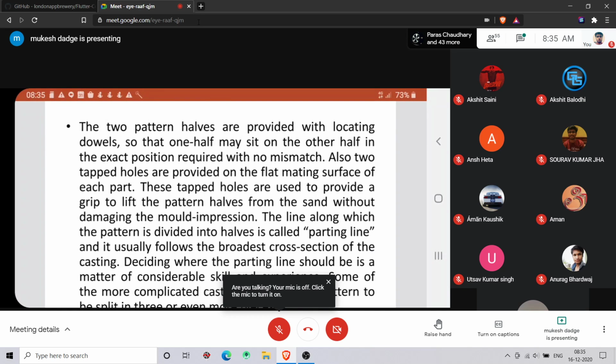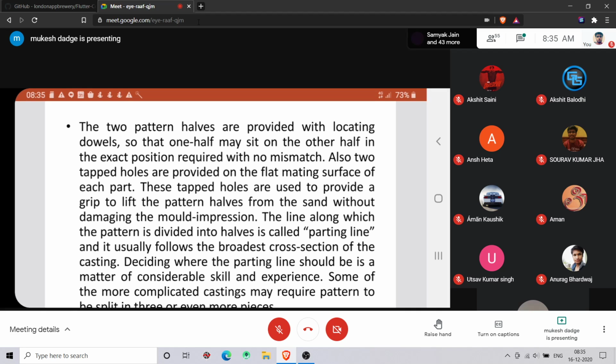So the parting line is the line which separates one piece of your pattern from another piece, and it usually follows the broad-based cross section of the casting.